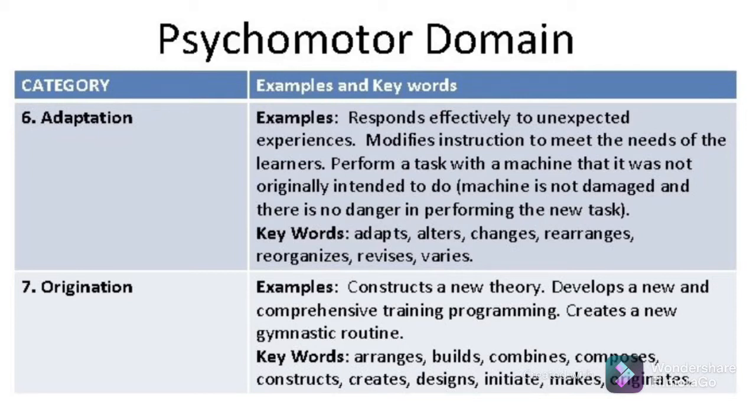In the origination taxonomy, if your teacher has already taught you the basic steps, for example in social dancing, then because you are already in the highest level, you can now produce your own steps. You can now produce a new figure.